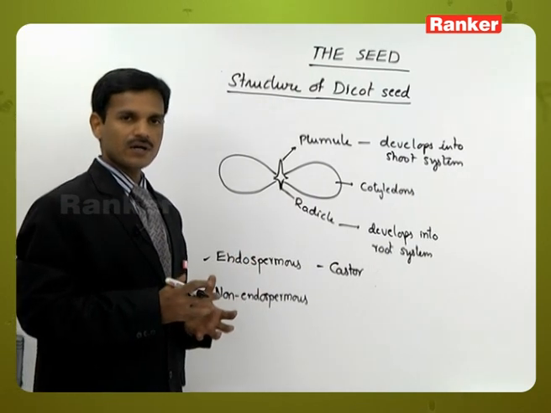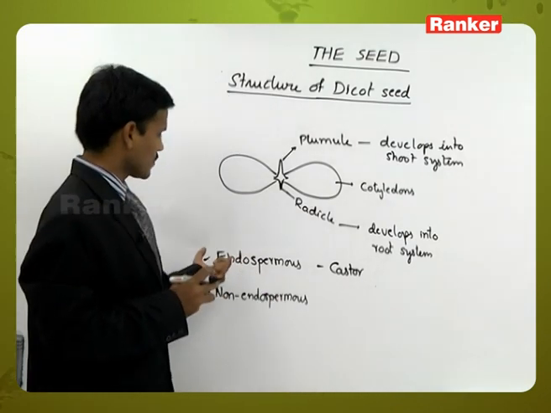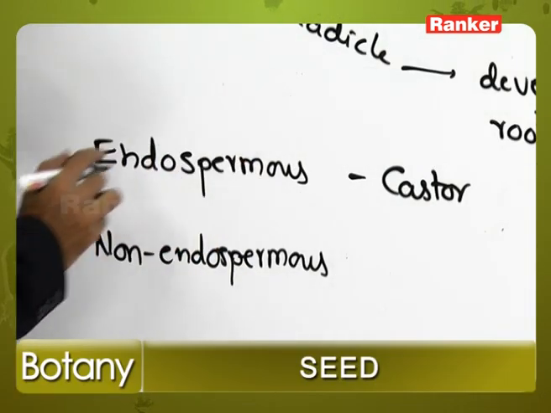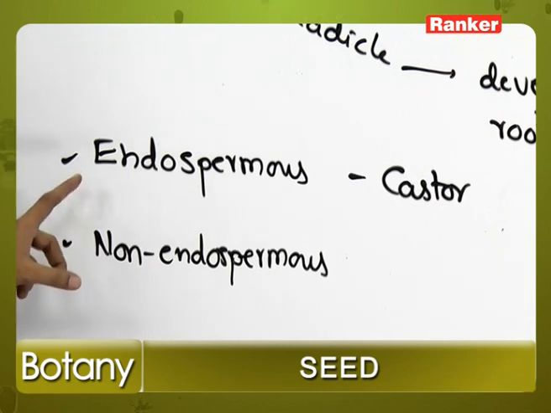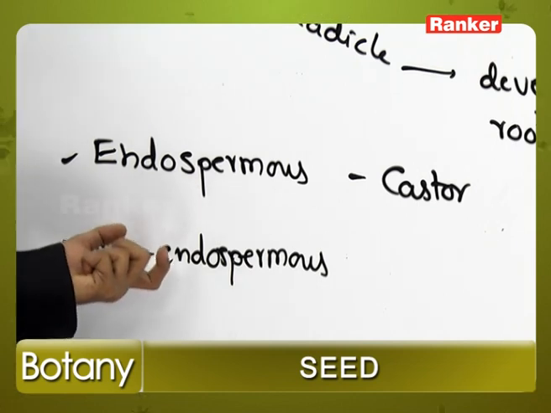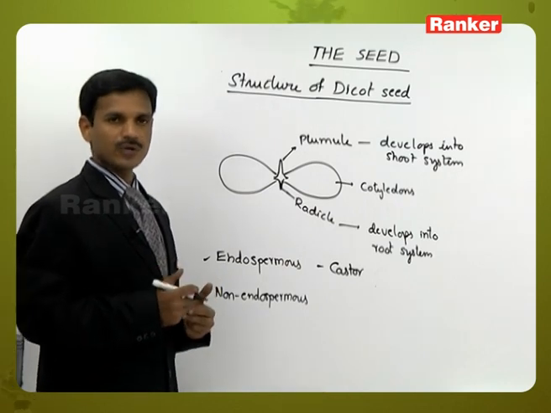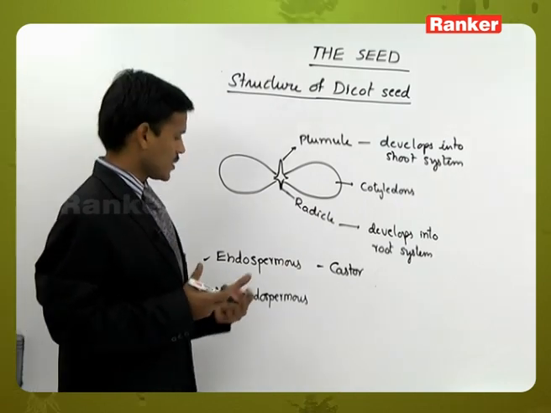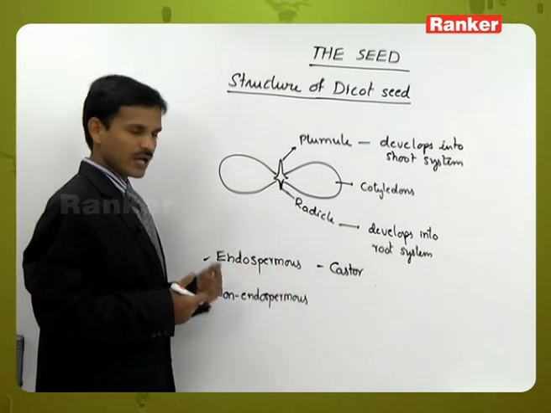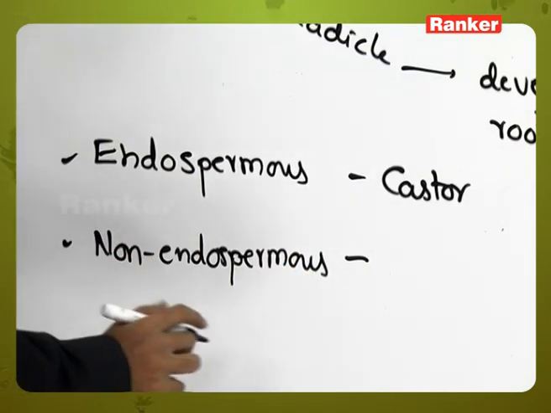After the development of the embryo, some endosperm remains. Seeds with endosperm are called endospermous or albuminous seeds. Non-endospermous seeds, generally dicot seeds, do not store endosperm; it is completely utilized after the development of the embryo and seed.